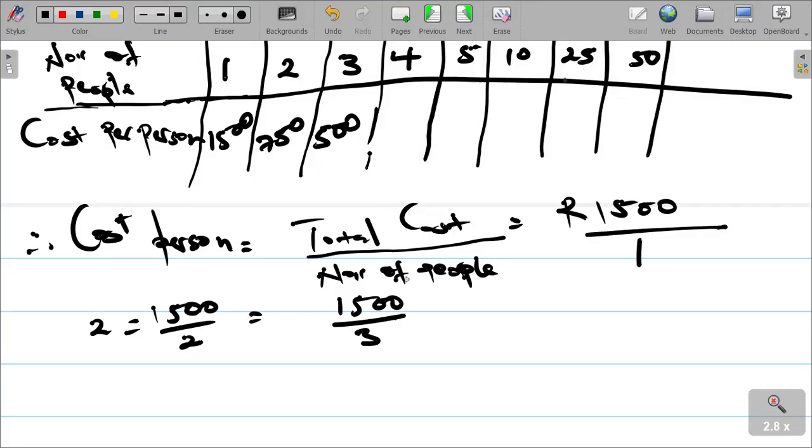For 4 people, it is 1,500 divided by 4. How much do we get? 250.